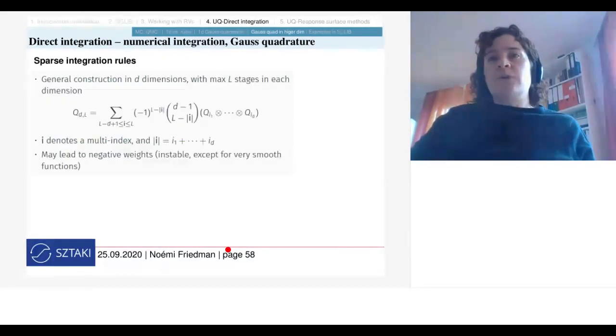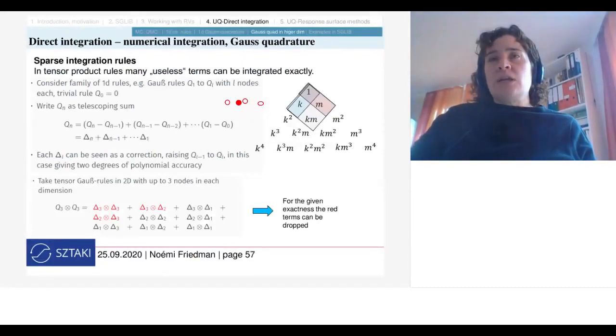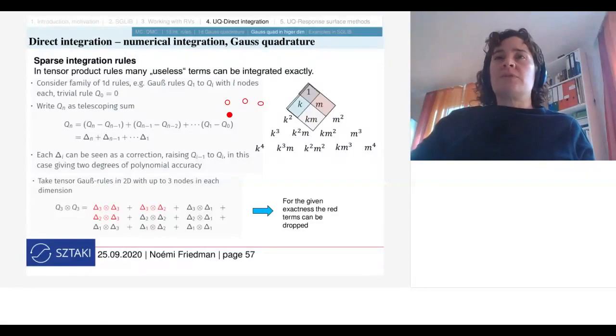But the thing to know is that when your dimension is low, you can arrive with more points with sparse grids, because you take a linear combination of different rules. So you need to get to higher dimensions when you use the Gauss quadrature with a sparse grid to get fewer points. And I think somewhere the number of points starts to decrease from dimension 4.